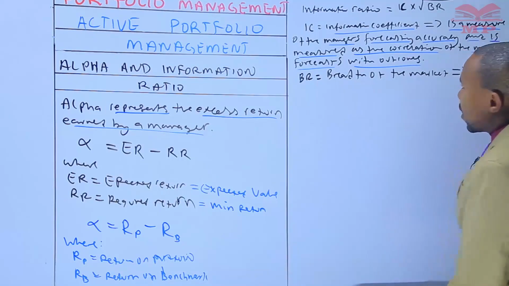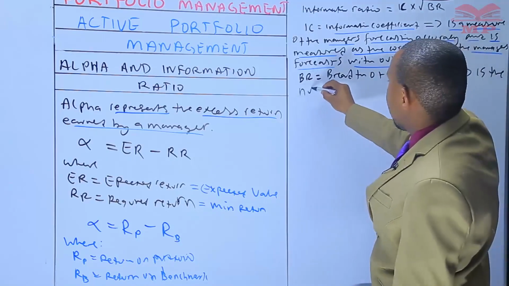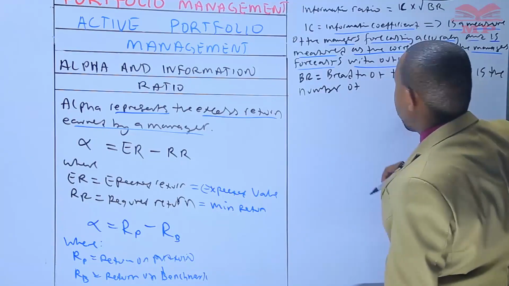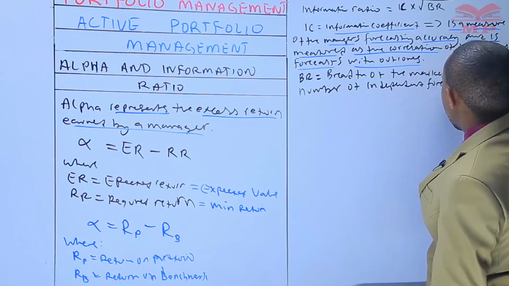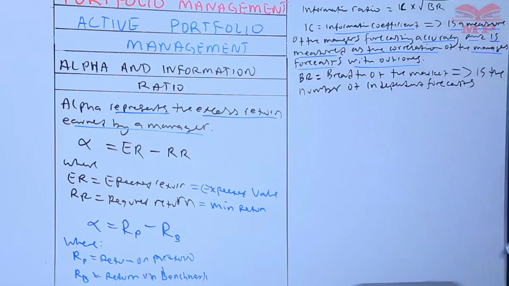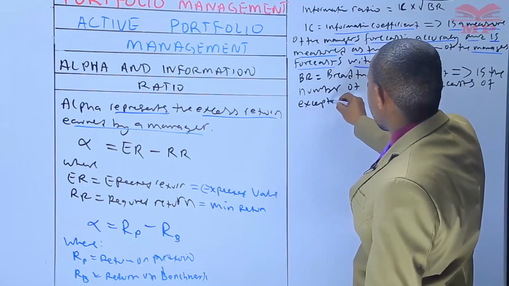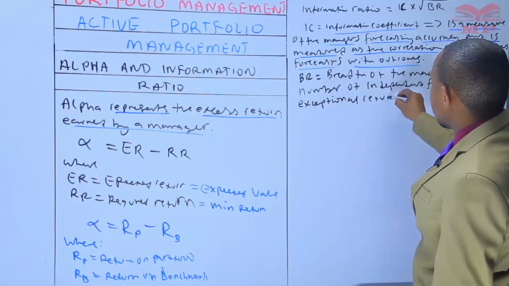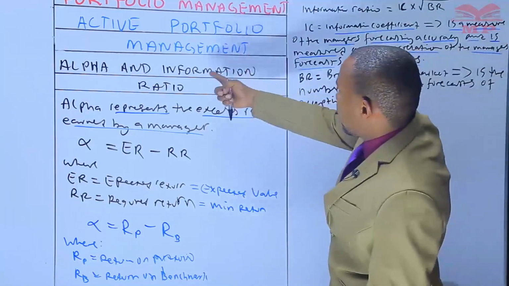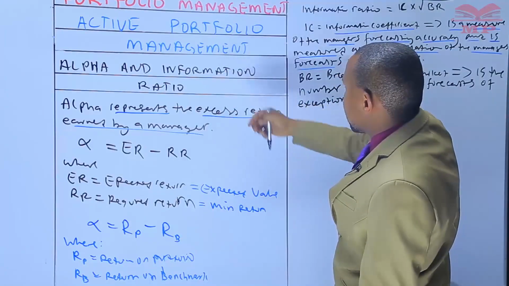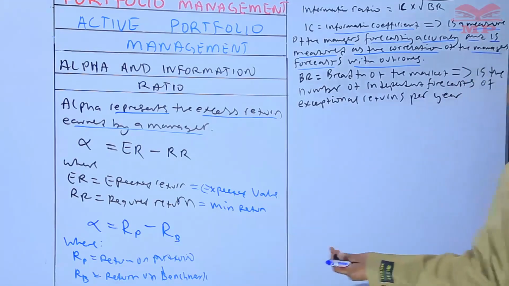and we can provide a description for that and say it is the number of independent forecasts of exceptional returns per year that the manager makes.